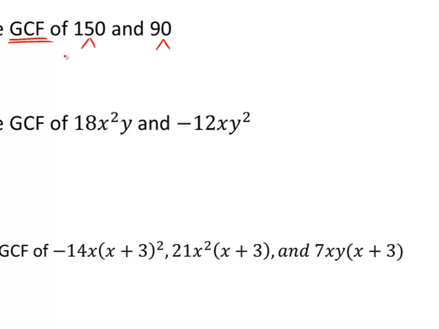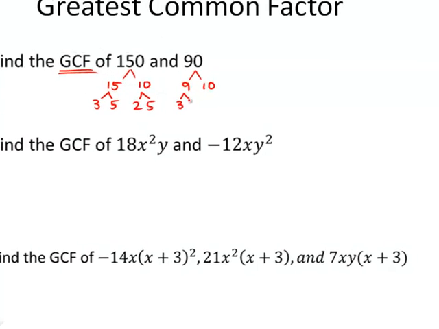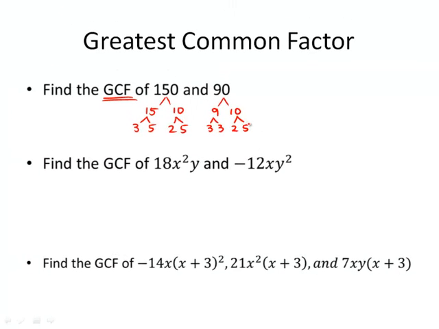So 150 is 15 times 10, and 15 is 3 times 5, 10 is 2 times 5. 90 is 9 times 10, 9 is 3 times 3, 10 is 2 times 5. So we have prime factorizations for both numbers. We basically want to see what is common for both numbers.